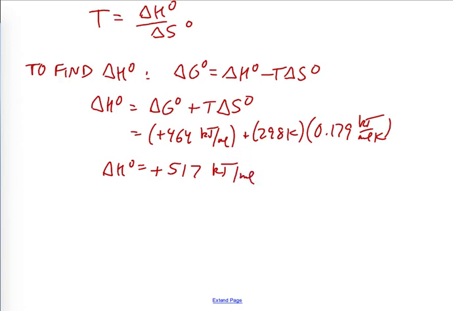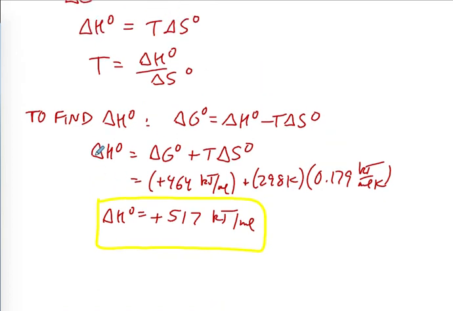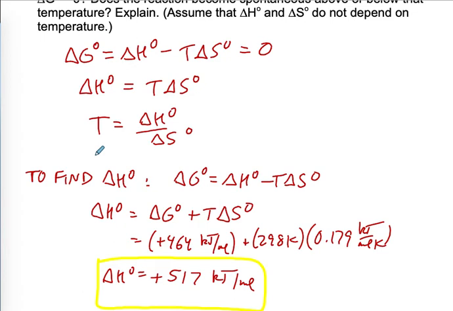So now that we have delta H naught for this process, we can plug in. The temperature at which delta G naught is equal to 0 will be equal to delta H naught over delta S naught, both of which are temperature independent, remember, which is plus 517 kilojoules per mole over 0.179 kilojoules per mole Kelvin.